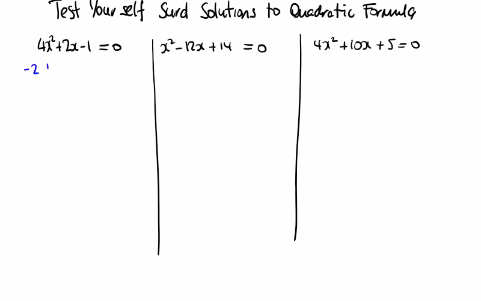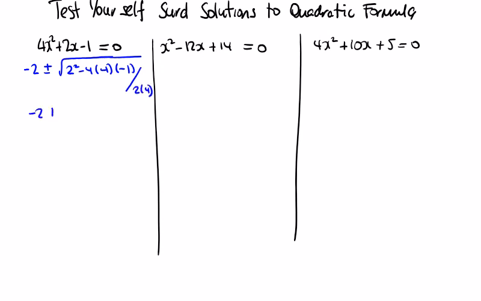Minus 2 plus or minus the square root of 2 squared minus 4 by 4a by c, which is minus 1. All divided by 2 times 4, I'm putting it just over here so it's a little bit neater.